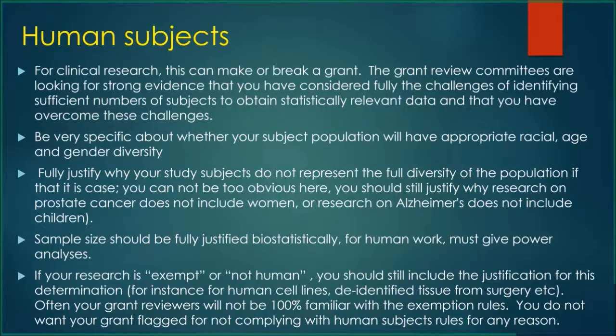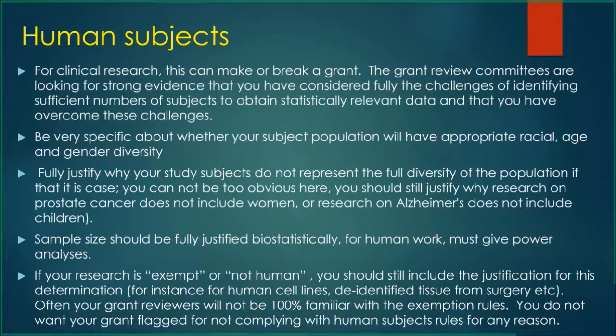If you are studying prostate cancer, you really do want to specifically state why it does not include women. If you're studying research on Alzheimer's, you really want to specify why it doesn't include children. Sometimes things can't be too obvious, and you really want to make sure that a tired reviewer doesn't ding you for something you don't deserve.